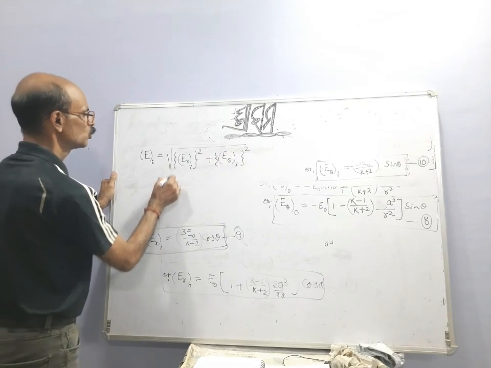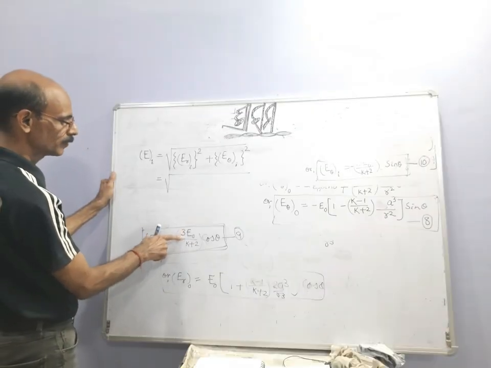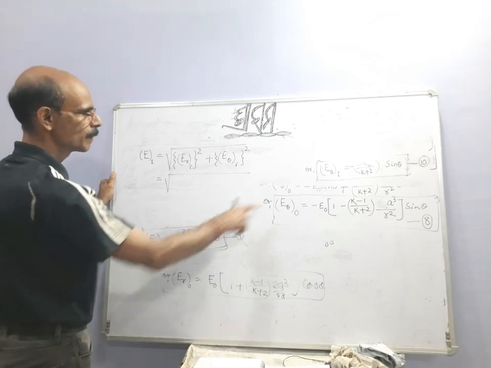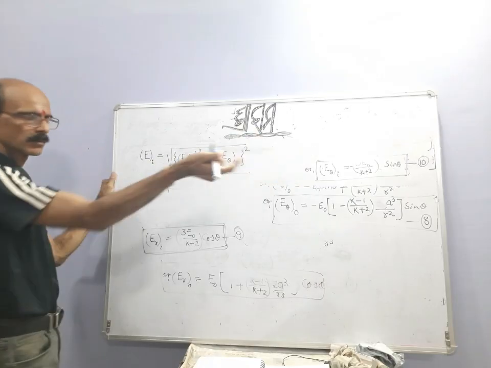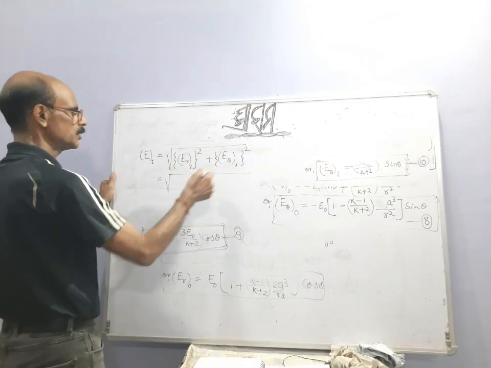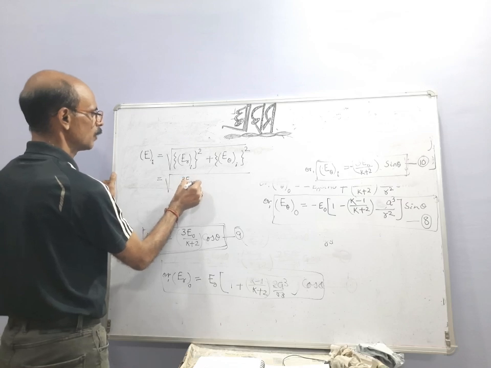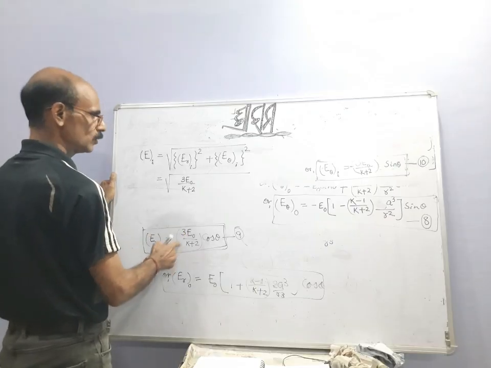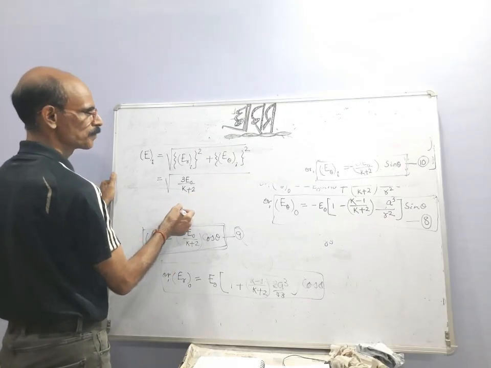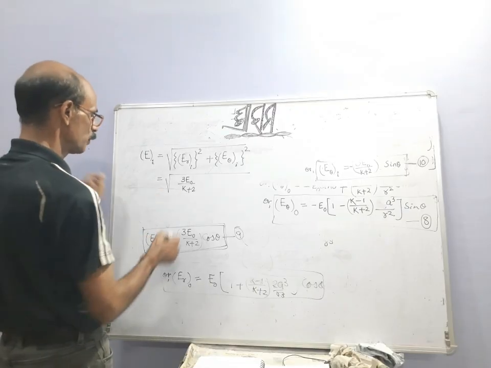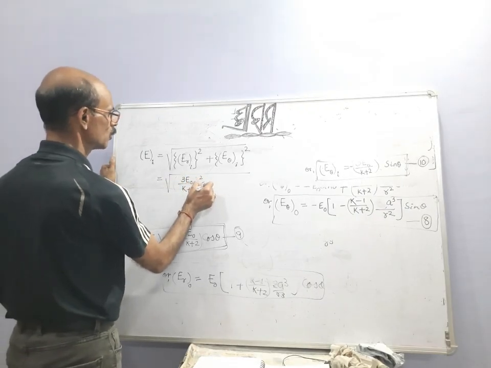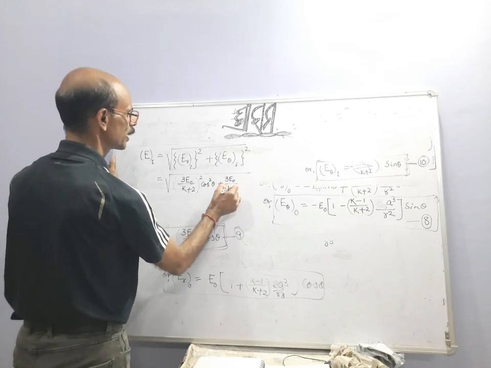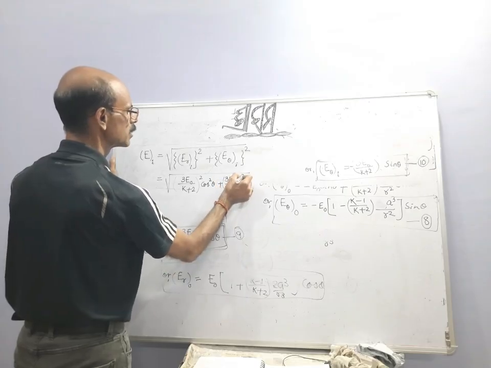So root over of 3 by k plus 2 whole square cos square theta, and that is minus minus, square again plus, so 3 by k plus 2 whole square sin square theta. In both we can take common.